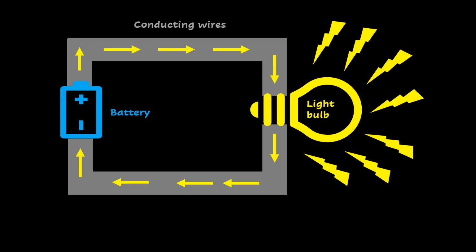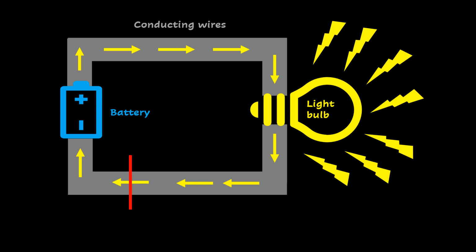When we talk about current, we talk about how much charge moves past a fixed point in a circuit in 1 second. This is the amount of charge that passes a non-moving point in 1 second.